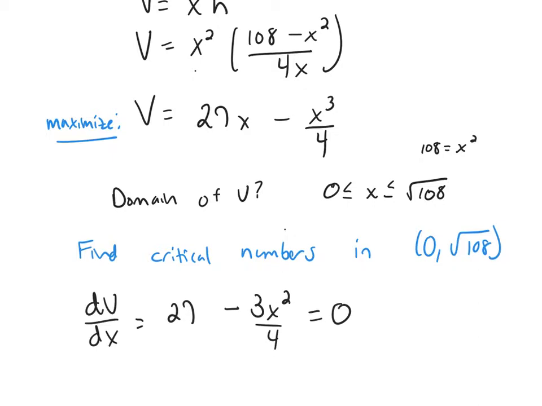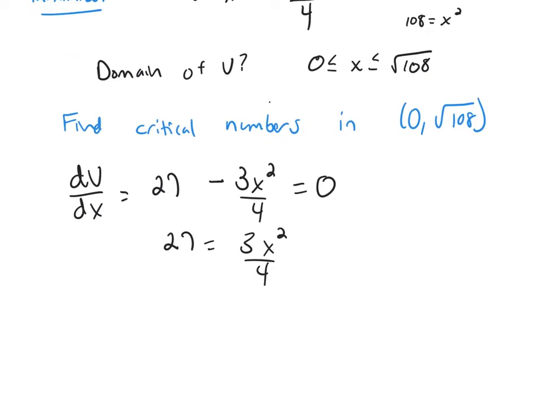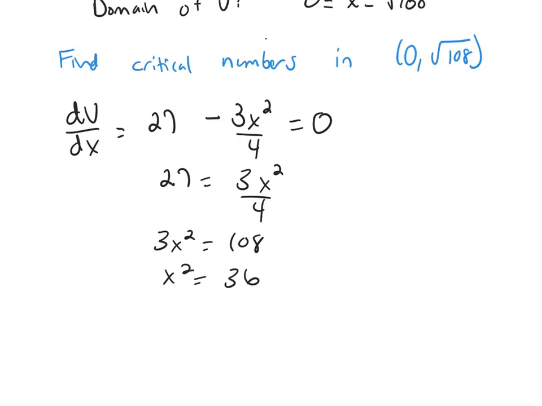That's always defined, so we just have to set it equal to 0. So you get 27 equals 3x squared over 4. So if you cross multiply, you'll get 3x squared equals 108. x squared equals 36. x equals plus or minus 6.